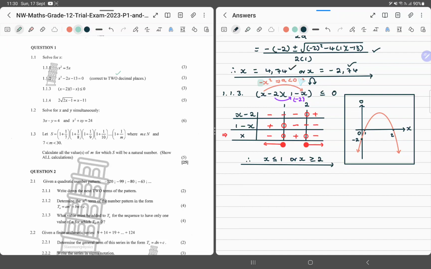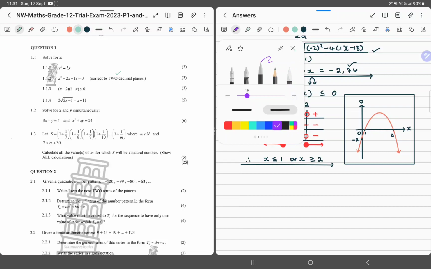You know when you're dealing with functions what a represents. And this suggests that our parabola is a grumpy face parabola. Okay, it's concave down. And when you put it on here, you know that the critical values from this equation are essentially the x-intercepts. And then you draw a parabola, and from this parabola you can see the section that is equal to 0 is in here.